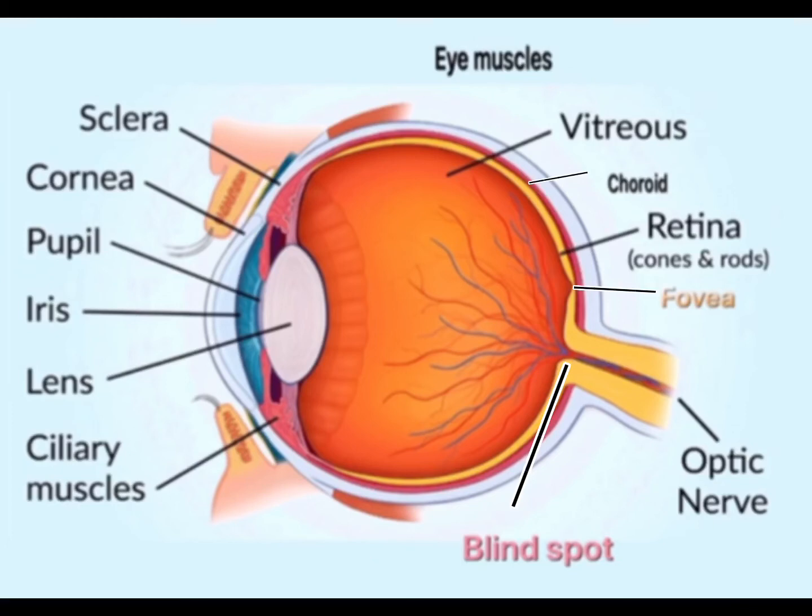Then the iris. The iris helps to control the amount of light rays entering the eye from the object. Okay, these are the parts of the eye and the functions of each part of the eye.